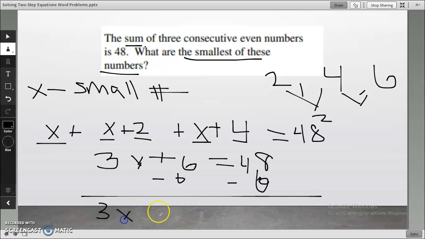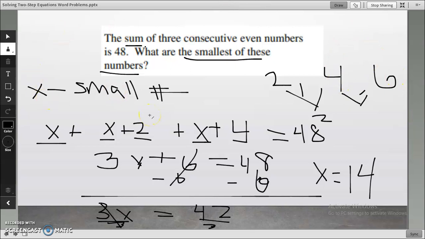And I get 3x is equal to 42. Then I divide by 3. And I get x is equal to 14. So the smallest of my even numbers is 14.